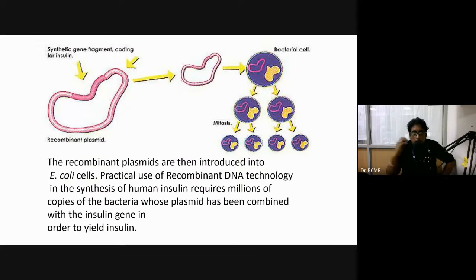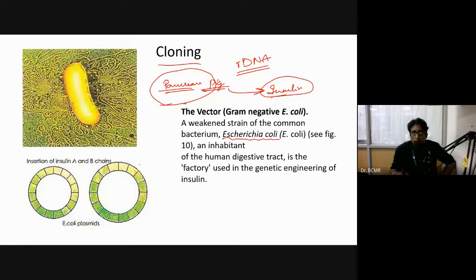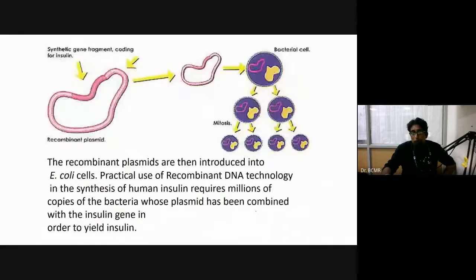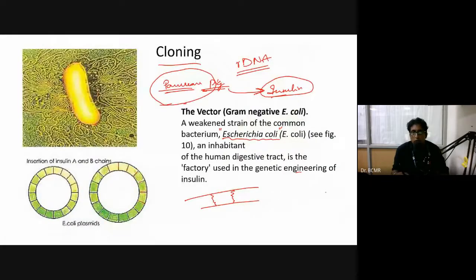There are multiple issues about producing insulin, because insulin is not a single polypeptide. It is rather two different chains attached by disulfide bonds. How would we produce it? If you are producing it in E. coli, E. coli does not have all the enzymes required to produce the final insulin product.